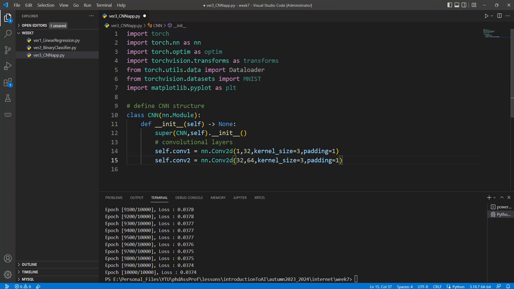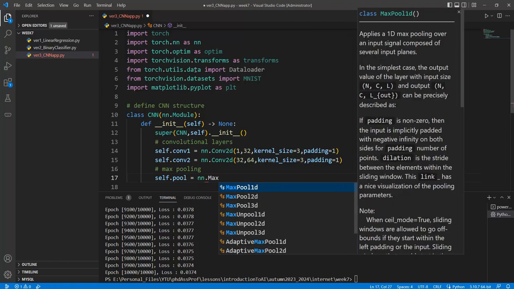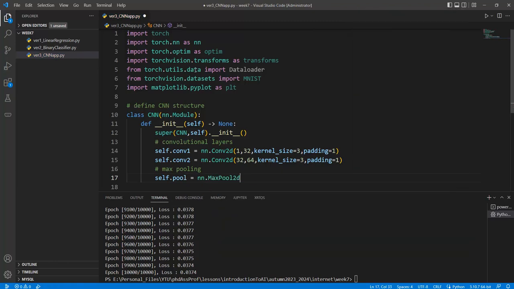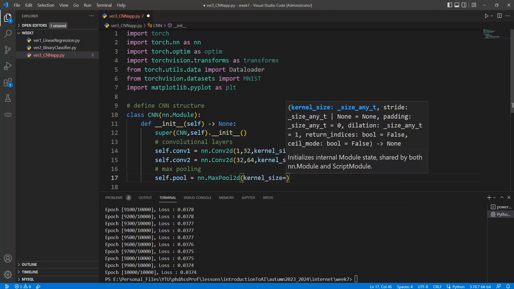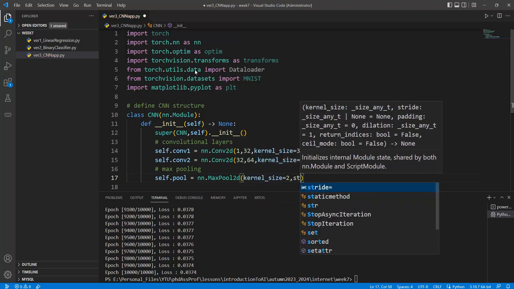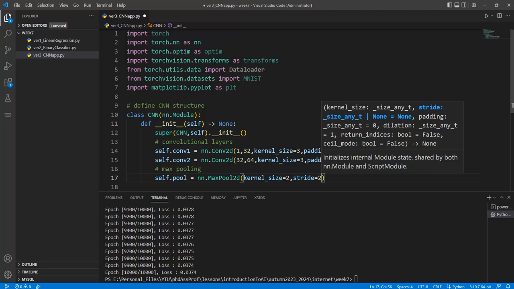Okay, the rest of the parameters are the same. And also we need to give the max pooling layer like this one, the self.pool. Okay, this is nn.MaxPool2d with the kernel size of 2 and stride 2.